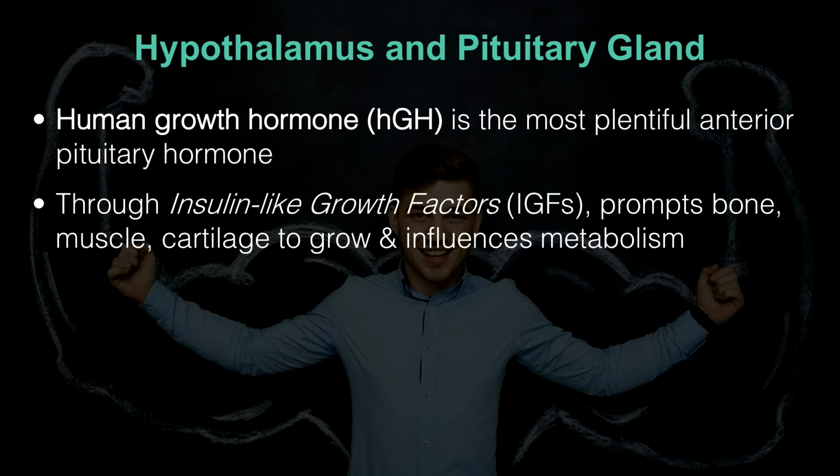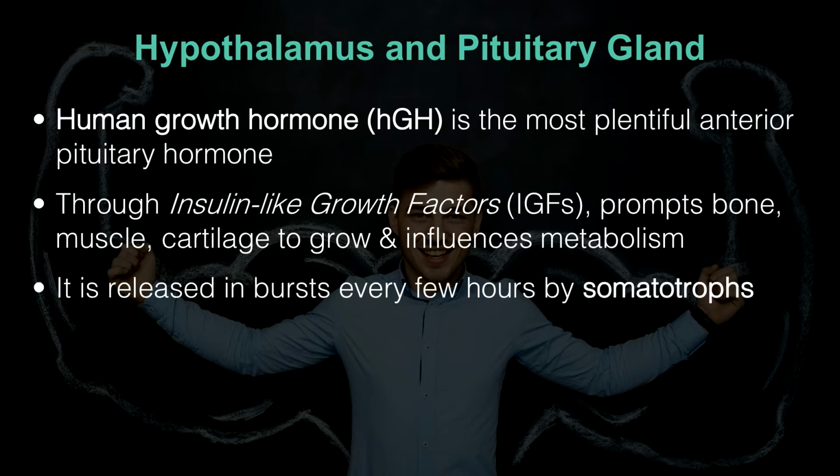It activates widespread tissues in the body through insulin-like growth factors. Depending on the kind or the amount, it can target bone specifically, or tendon, or muscle, or cartilage. And we're not going to get into those details.